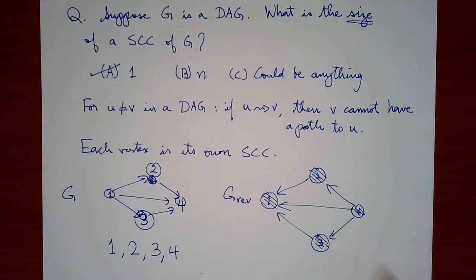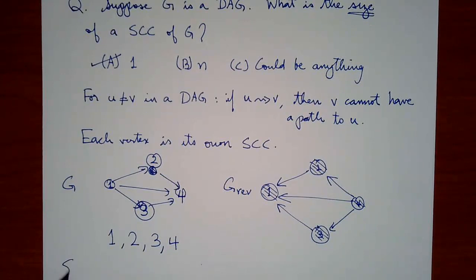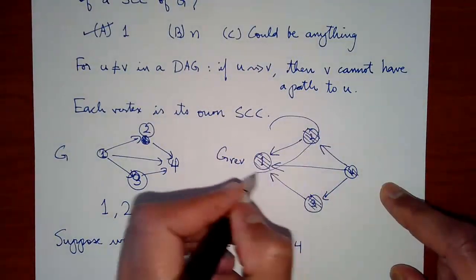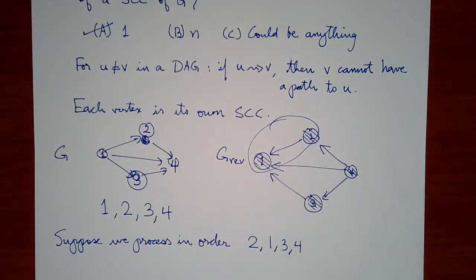Now, observe how important it is to process vertices in the topological ordering. Suppose we process in order 2, 1, 3, 4. Then it will break down because it would start from 2 and then output 2, 1 as a DFS tree.